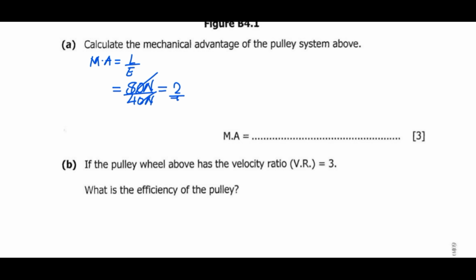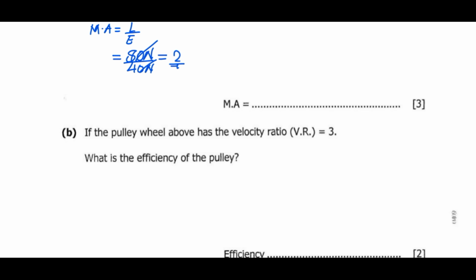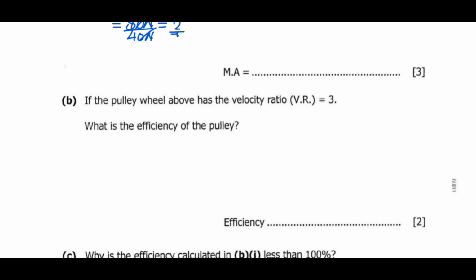Then for B, if the pulley wheel above has the velocity ratio of 3, what is the efficiency of the pulley? So efficiency is equal to the mechanical advantage over velocity ratio multiplied by 100%. What's our mechanical advantage? We calculated it.